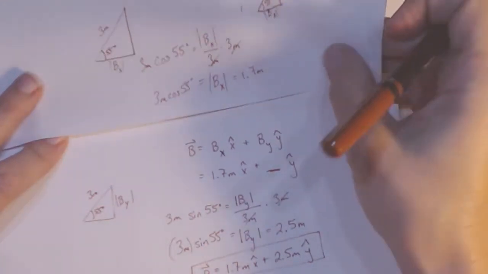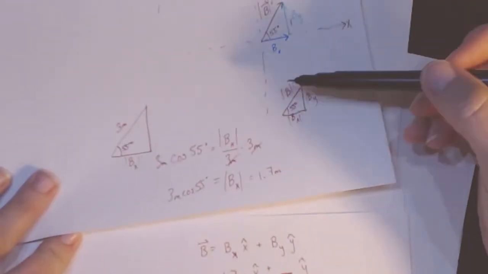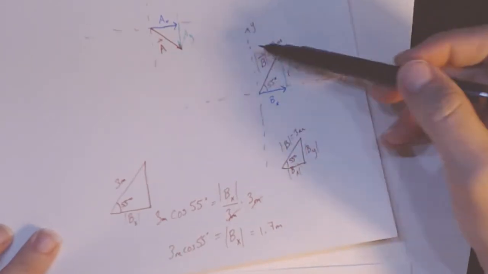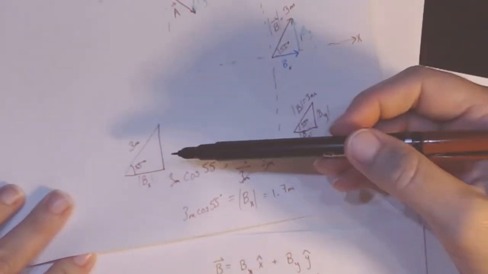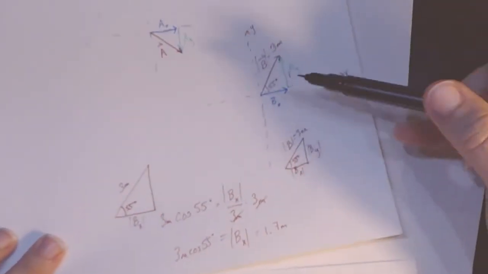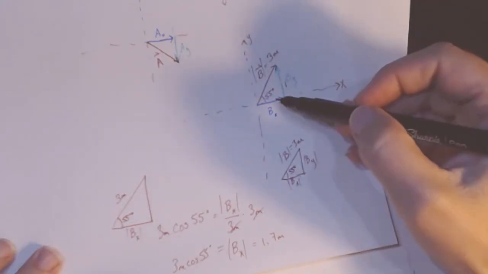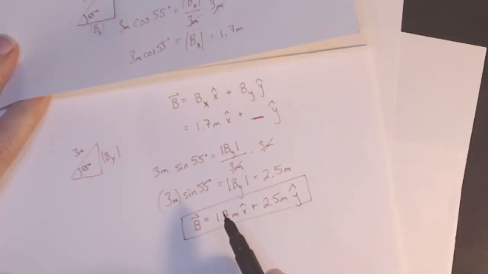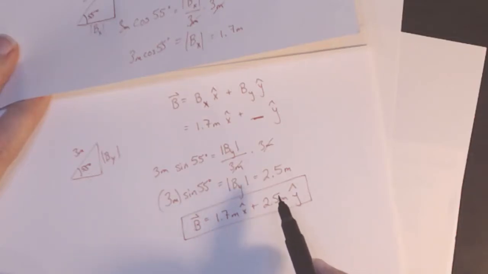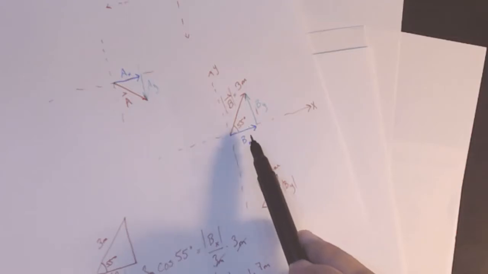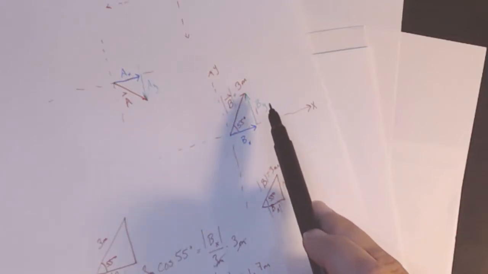And I've taken a vector that was in polar, as length and direction, and converted it into Cartesian with an x and a y component, which is really just the length of the two sides of this right triangle, where one side is parallel to the x direction and the other side is parallel to the y direction.